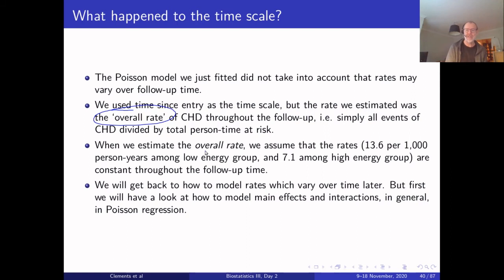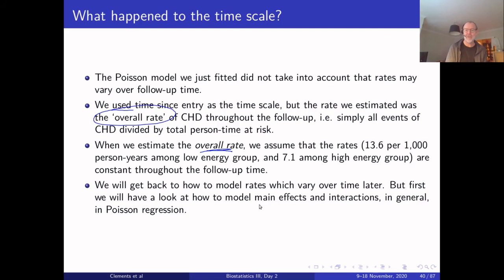When we estimate the overall rate, we assume that the rates, in this case about 13.6 per thousand person years among the low energy group and 7.1 among the high energy group, are constant throughout the follow-up time.